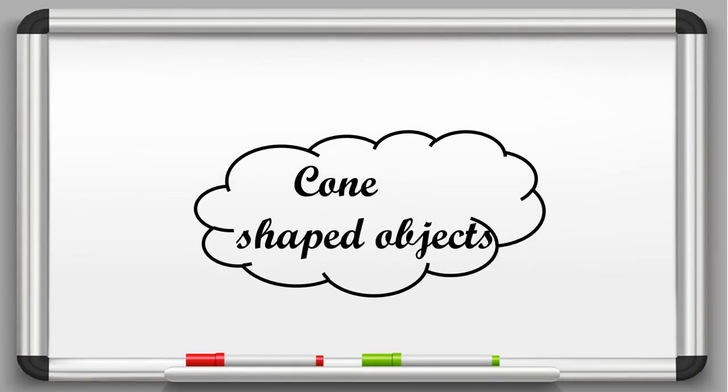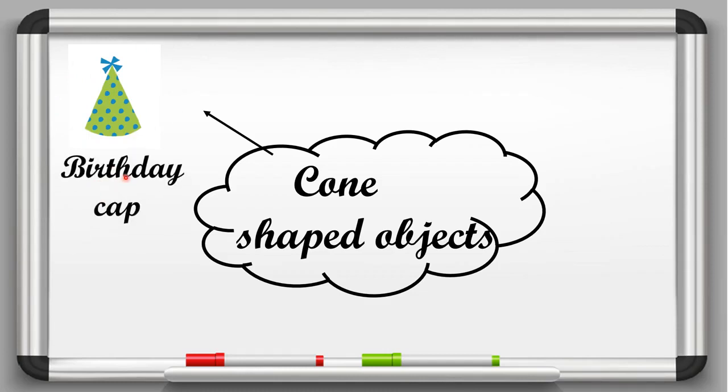Now beta, cone shape objects. So now I am going to show you some cone shapes. Okay, so let's start. Here, this is the cap beta. We call it birthday cap. BIRTHDAY birthday CAP cap. Birthday cap.